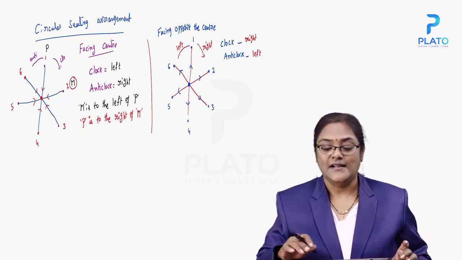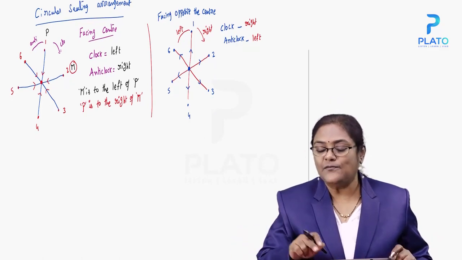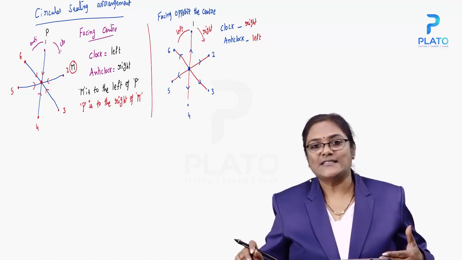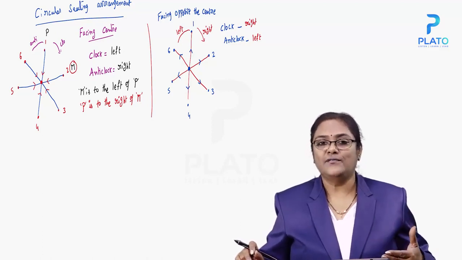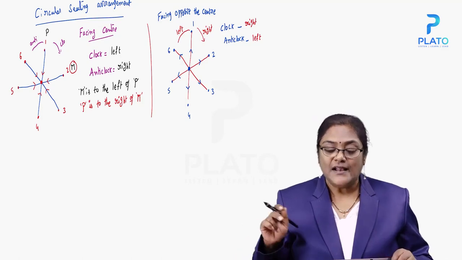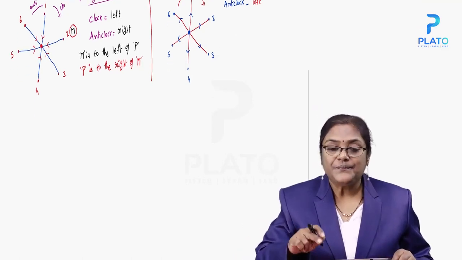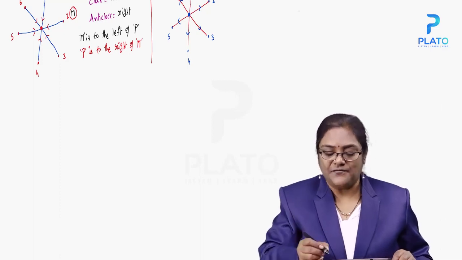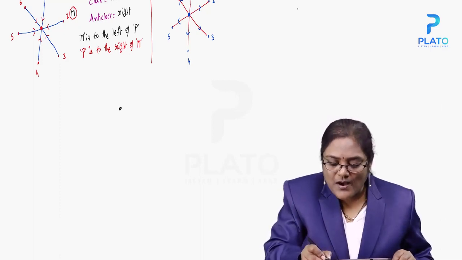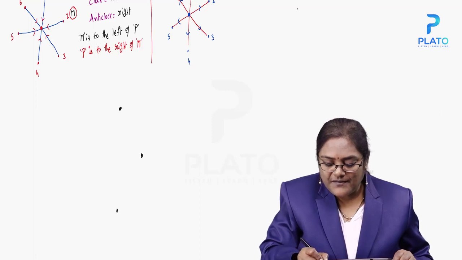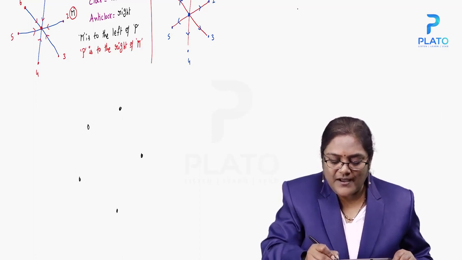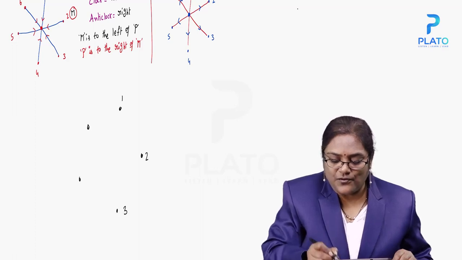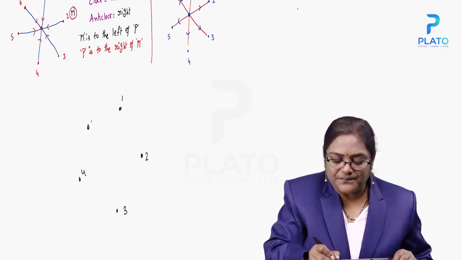Alright friends? Now finally, one more point before we get into the practice questions. Now, when you have an odd number of people sitting, for example, there are 5 persons. Let me give the numbers 1, 2, 3, 4 and 5.